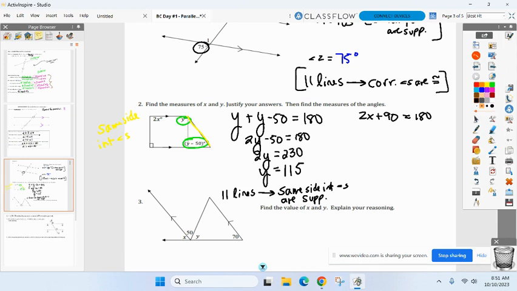So now we can solve for x. 45. And then my justification, I'm not going to have you write it again, but my justification would be the same as the justification for finding y.